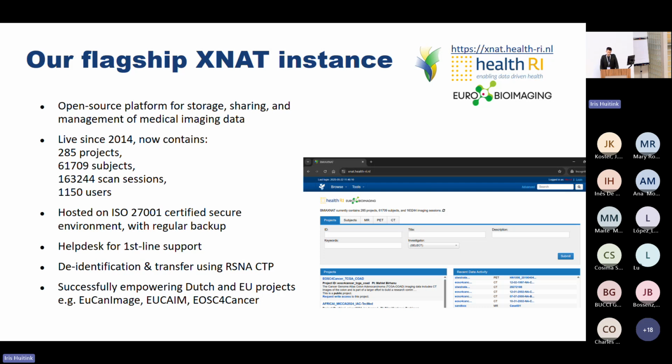It's already been up for more than 10 years, and it's hosted by a company with all certifications. We have a help desk and de-identification pipelines that we can recommend. But as I said, it's been playing a role in large European projects like UCANimage, UCAIM, and EOSC for Cancer.